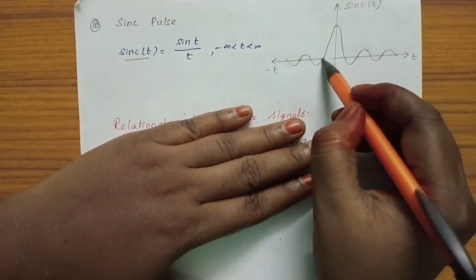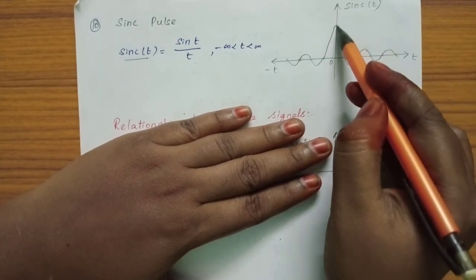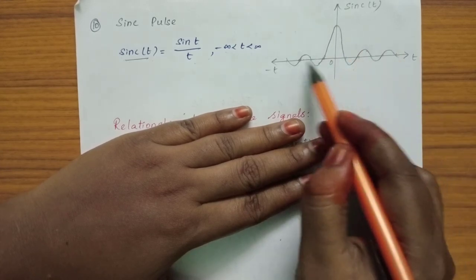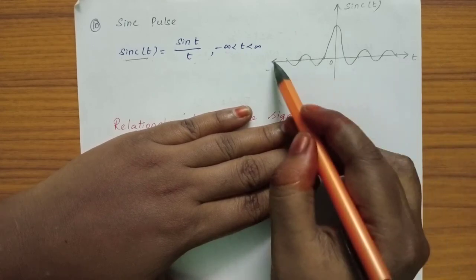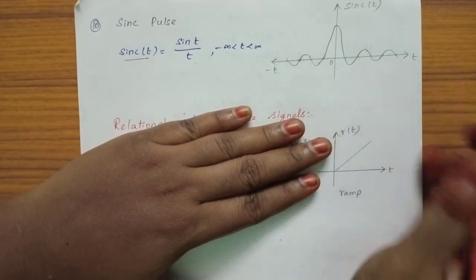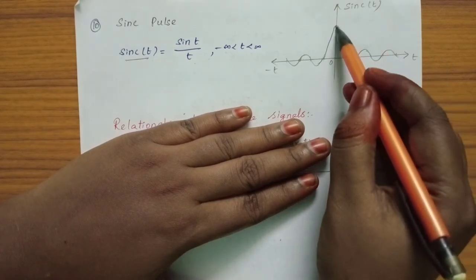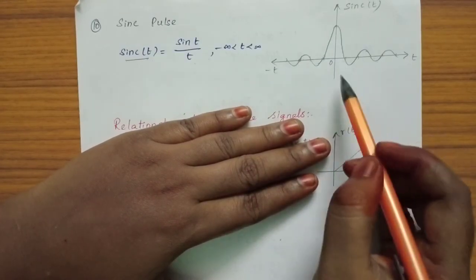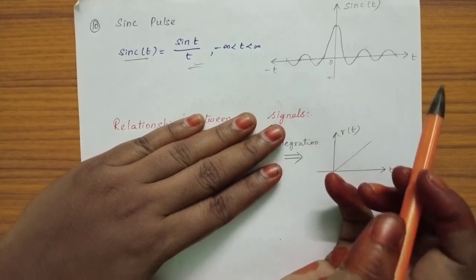Okay, only at the origin does it have the maximum amplitude. So after increasing the t values or decreasing the t values, the amplitude values also decay. Okay, only at the origin it has the maximum value. This is the graphical representation of the sinc pulse and the mathematical equation of the sinc pulse.